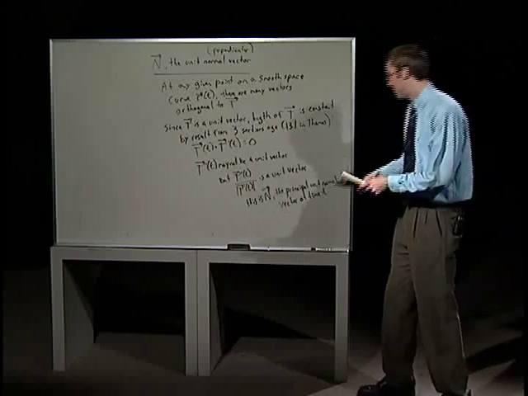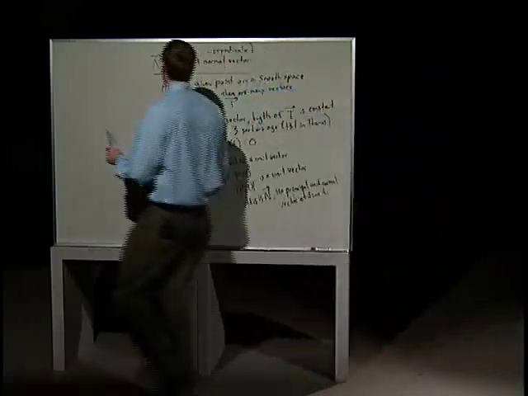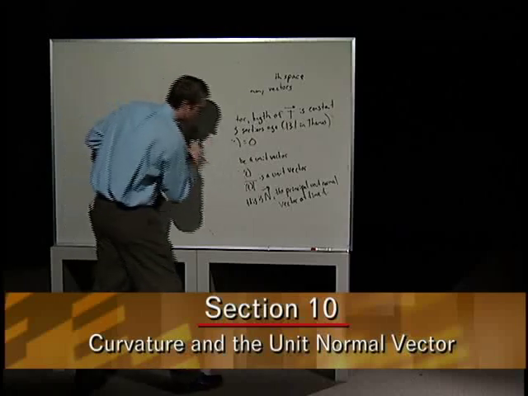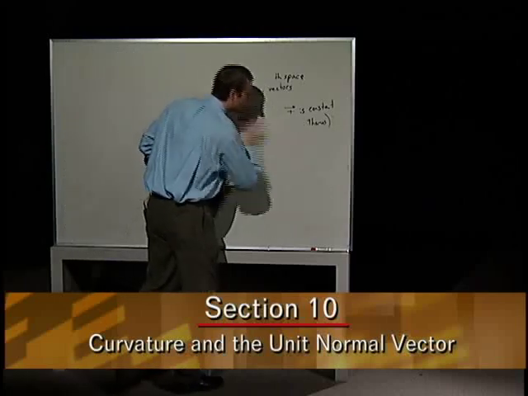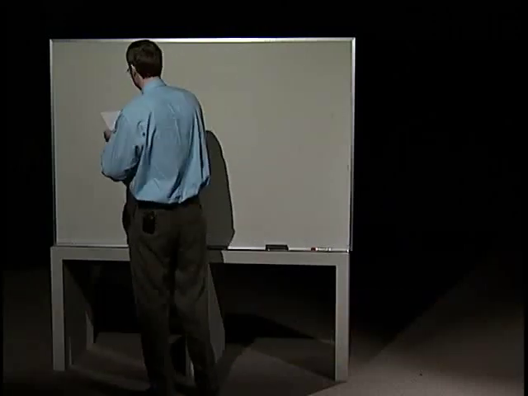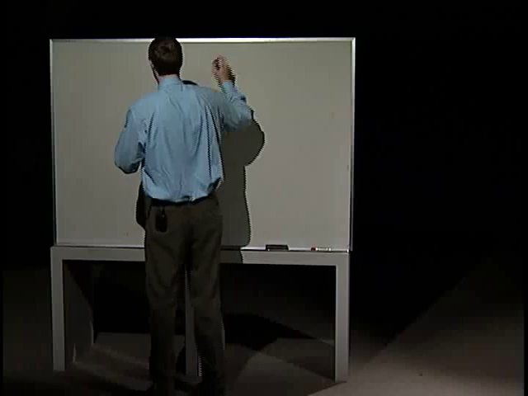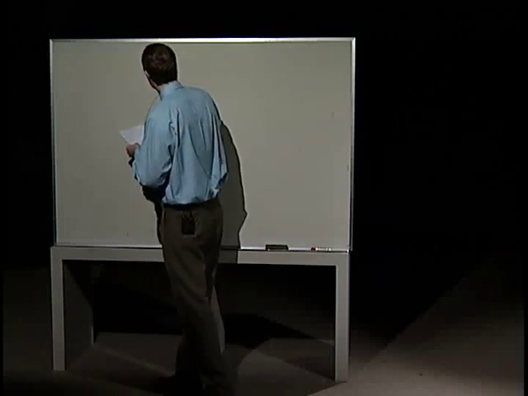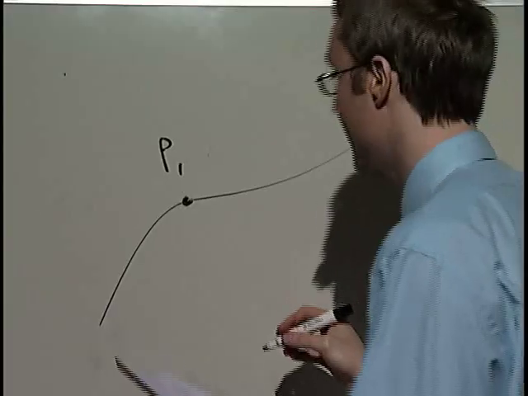Okay, so here's a picture to show what's going on. Let me get rid of this. So let's look at an actual space curve and see what's happening. So there's a space curve. Here's a point, P1, right?